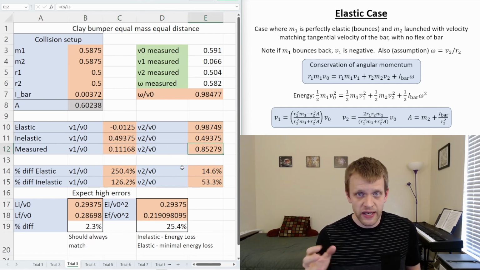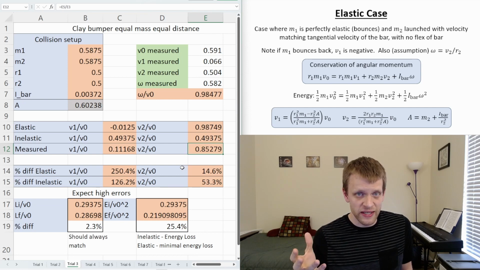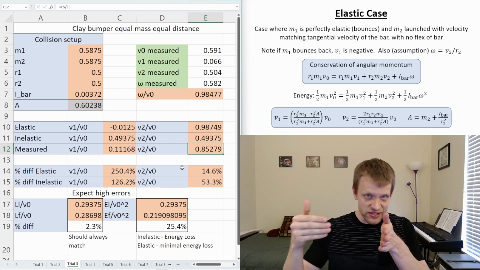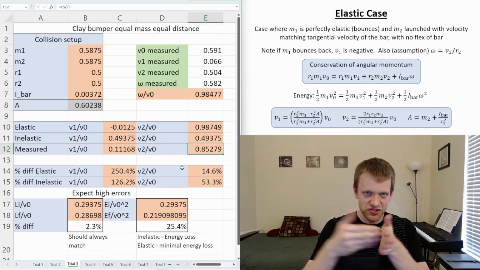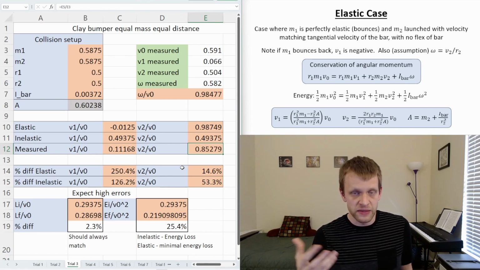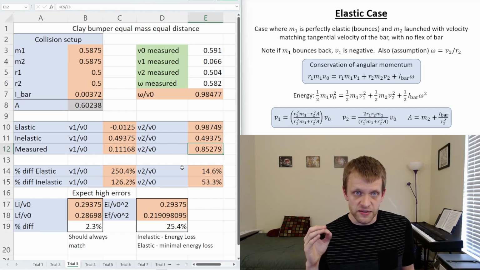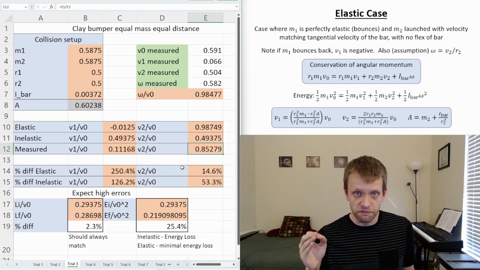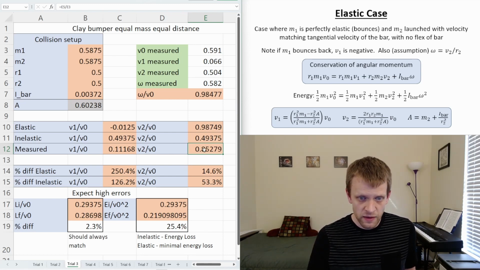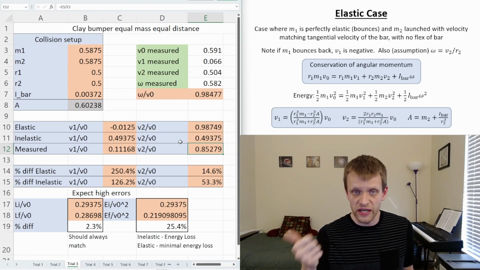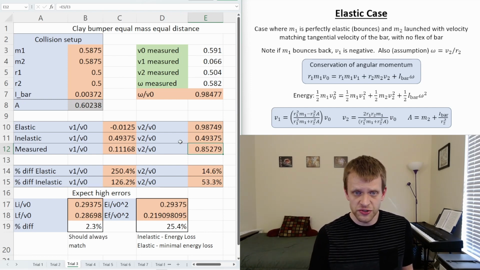Like I said, based on the equipment that I have, we're not going to get any perfectly elastic collisions, and we're not going to get any perfectly inelastic collisions. The clay still has a little bit of bounce to it. It didn't really stick to the cart. I'm thinking of some ways for future experiments to make that a little bit better, but it does still give us a range of plausibility. These measurements, again, are inside of that range, whether we're using the clay bumpers or the springs.